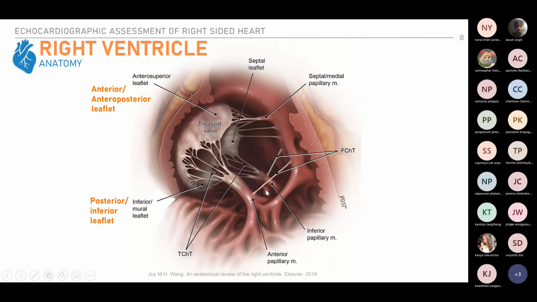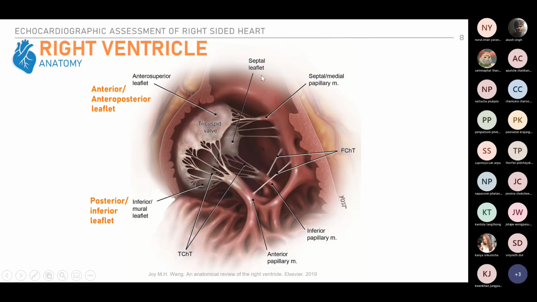And RV has 3 papillary muscles: anterior, posterior, and septal papillary muscles. The anterior papillary muscle is the largest papillary muscle. It gives chordal support to the anterior leaflet and posterior leaflet. The posterior papillary muscle gives chordal support to the posterior and septal leaflet.